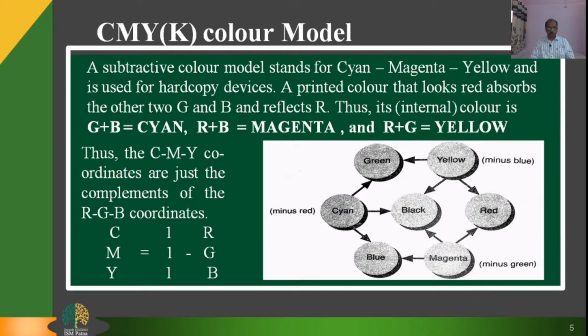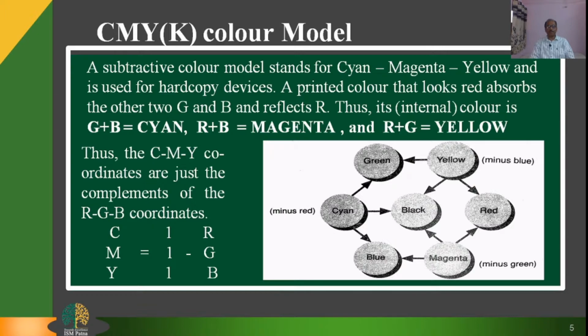The CMYK color model stands for cyan, magenta, yellow and is used for hard copy devices, I mean for printing purposes. In contrast to color on the monitor, color in printing acts subtractively and not additively.